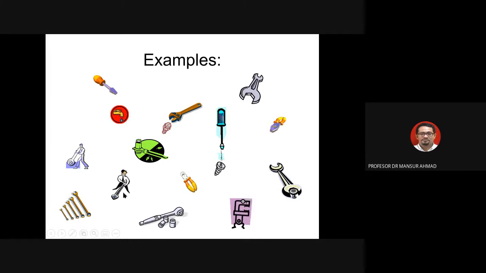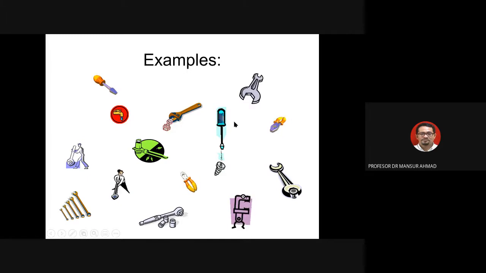Probably this is exaggeration, but when you use these tools that are available around you, kat rumah mesti ada kan, screwdriver mesti ada. So when you are using a screwdriver or any spanner, in actual you are applying moment.